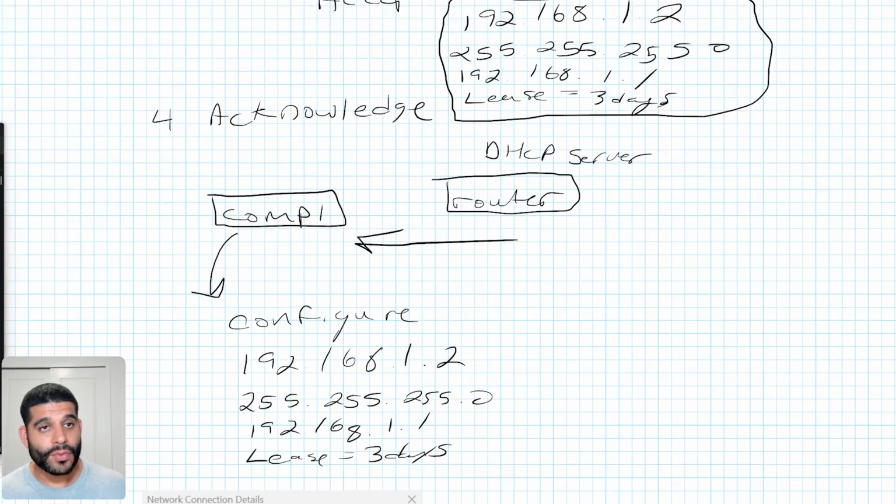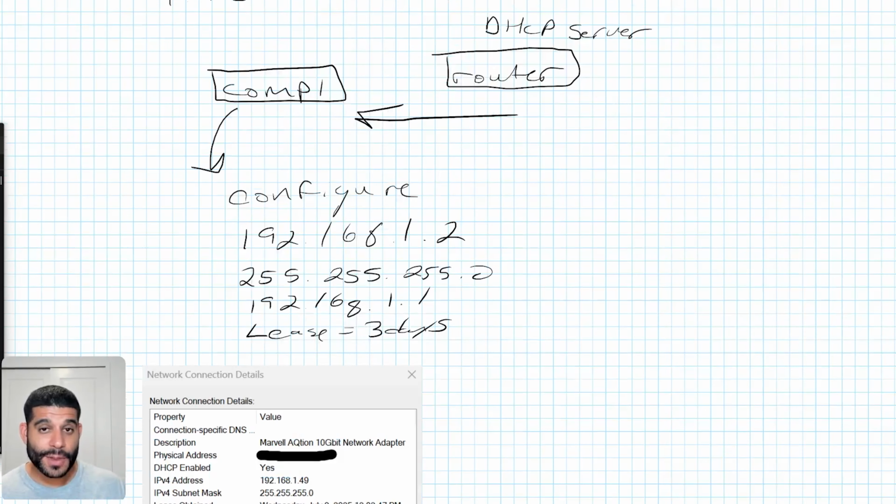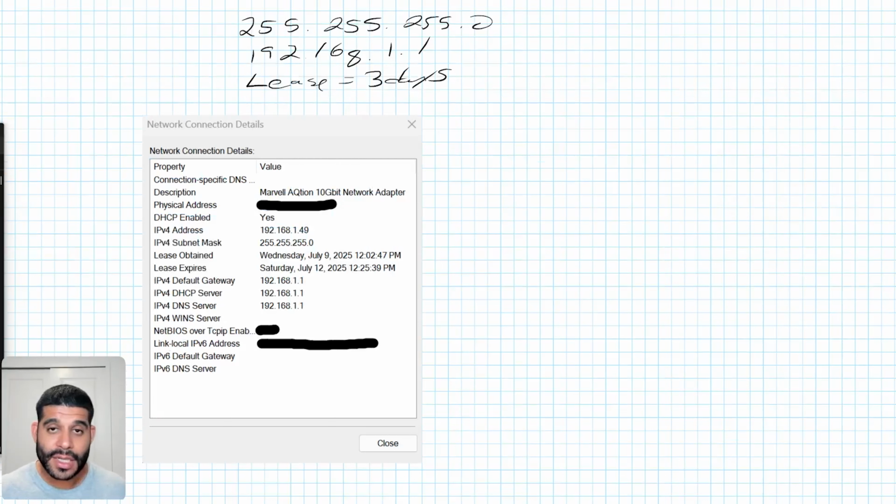And so the router, which is our DHCP server, which is the last one, it sends an acknowledgement back to the client, which was my Windows 11 machine, and says, okay, go ahead and configure yourself with all these different things that you need in order to talk on this network and also as well leave the network. And again, that is IPv4 address, subnet mask, when your lease was obtained and when it expires, and then of course the default gateway.